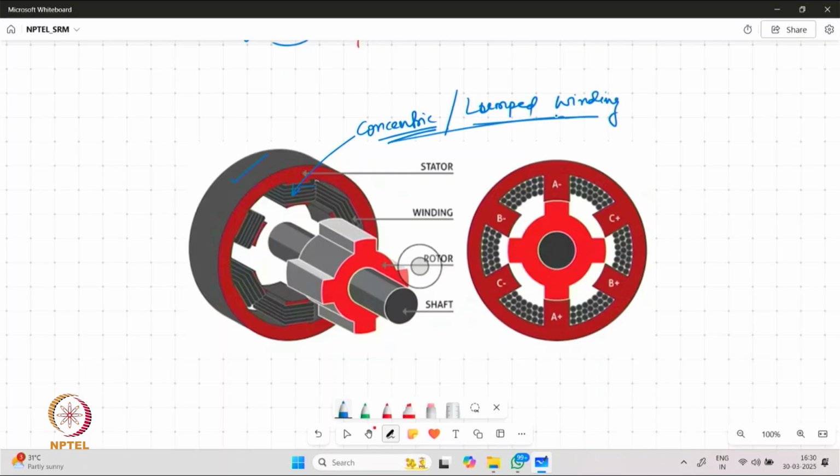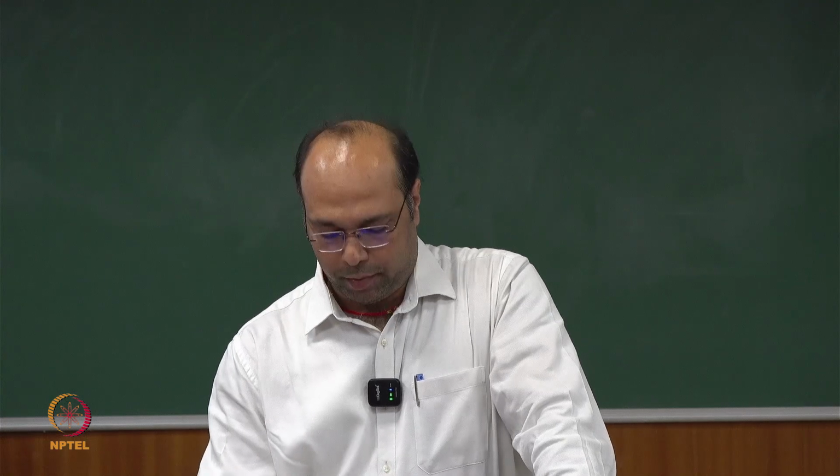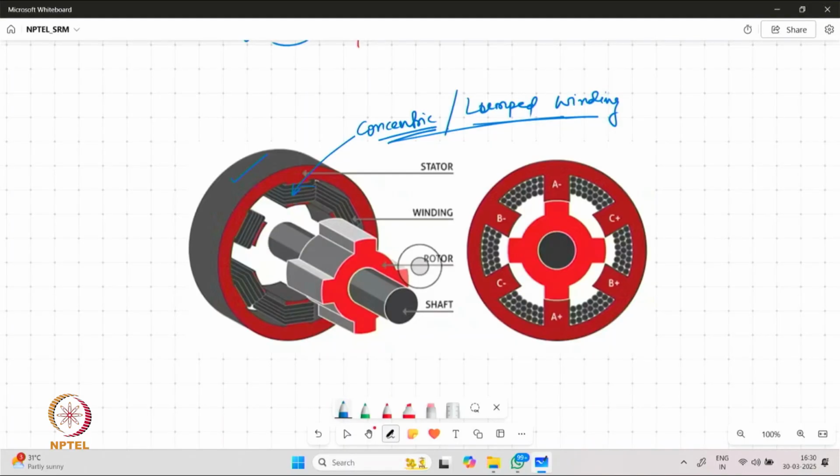which is quite different from the machines we have seen in our previous module, that is the induction machine or permanent magnet synchronous machine. These windings are done on projections which are there on the stator, and the rotor structure does not include any winding. It's only iron with certain projections given on the rotor.